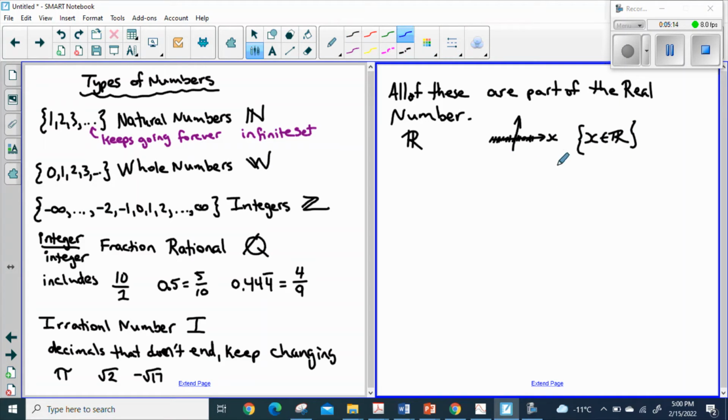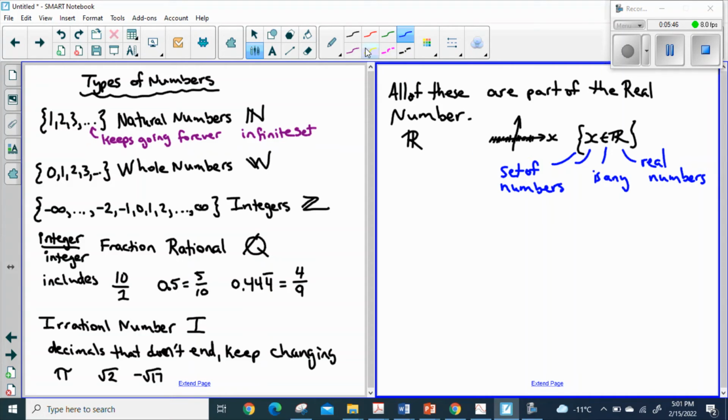My curly bracket, set of numbers, so x is my number. This funny looking E means is any, or is an element of. And then I use the symbol to say it's the real numbers. Mathematicians like to write in symbols, so we don't use a whole lot of words there.